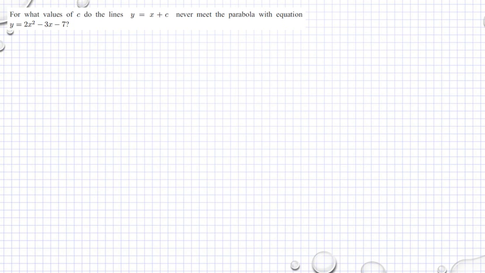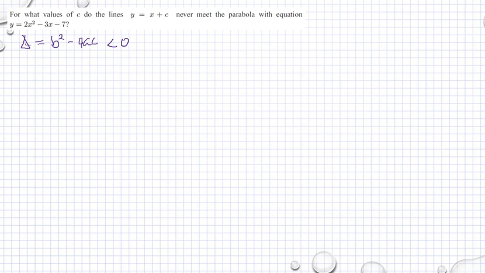The last example that I want to solve for you is: for what values of c do the lines y is equal to x plus c never meet the parabola with equation y is equal to 2x squared minus 3x minus 7? This means that our discriminant, b squared minus 4ac, should be less than 0.